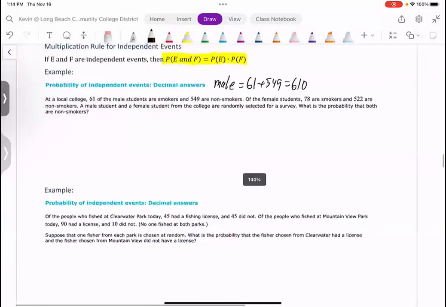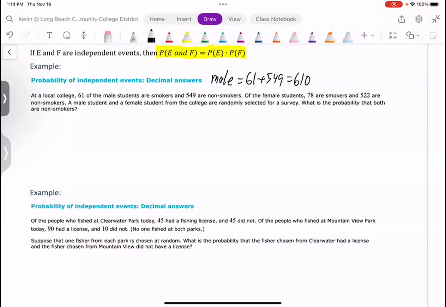Of the female students, 78 were smokers and 522 are non-smokers. So once again, the female total is going to be the 78 plus the 522, which ends up being exactly 600. This is important because this is going to be our denominators here.